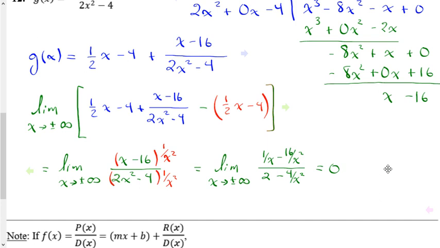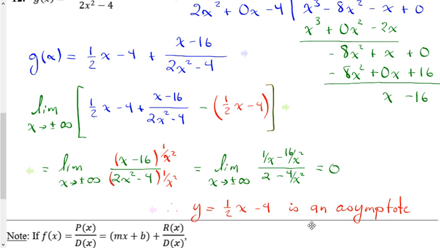So since my limit is 0, I can conclude what I have in red here is an asymptote for my function. So y equals 1/2 x minus 4 is an asymptote to the function g of x.